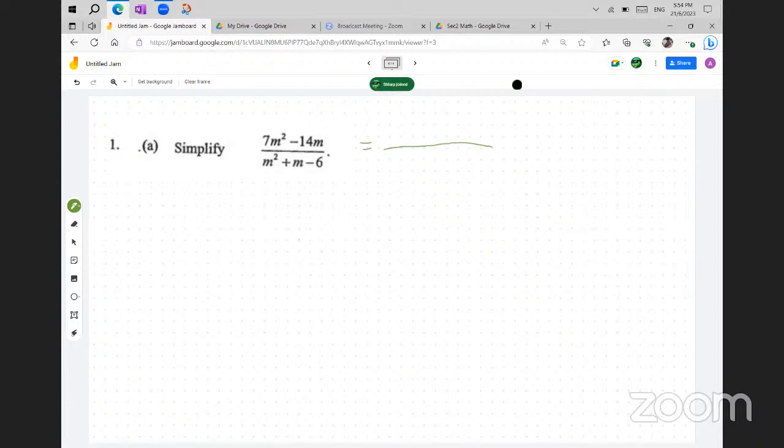Page 4, yeah? So I will wait. There'll be 7m over m minus 2. No, that seems wrong. Wait. There'll be m.